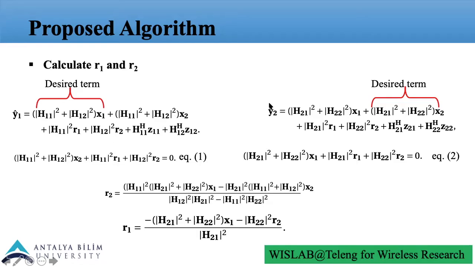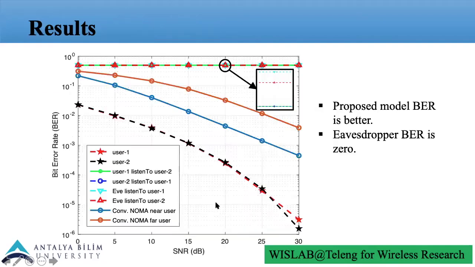Then if you look at the total received signal at user 2, you would see that this one is a desired term here, and the rest of the terms are not desired. So we also set them to 0. Then using equation 1 and equation 2, we calculate our R signal. This is how we calculate our R signal.